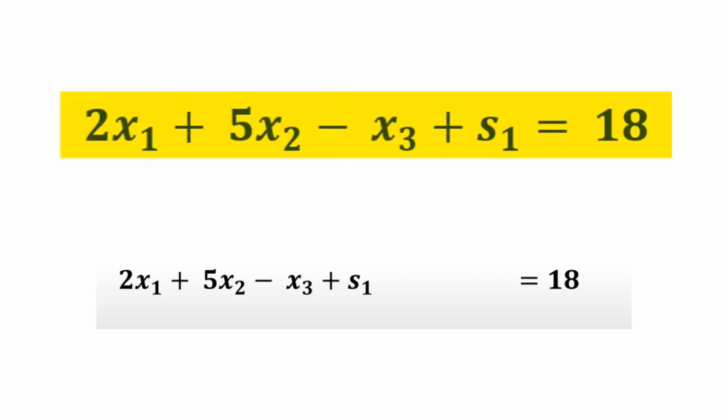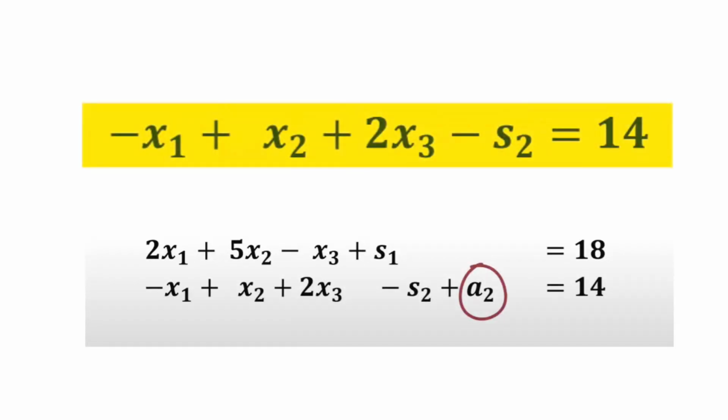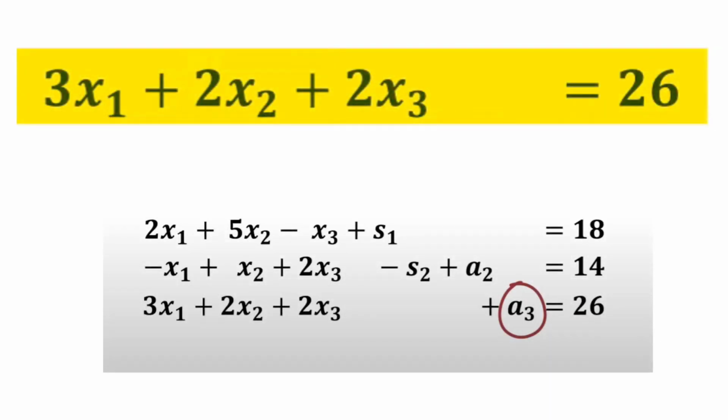So the equation, as we can see here, for the first constraint stays as is. No artificial variable is required there. We introduce an artificial variable a2 to constraint 2 because it's a greater-than-or-equal constraint. And we introduce another artificial variable a3 to constraint 3 since it's an equality constraint.